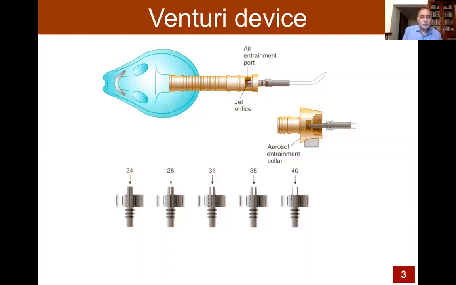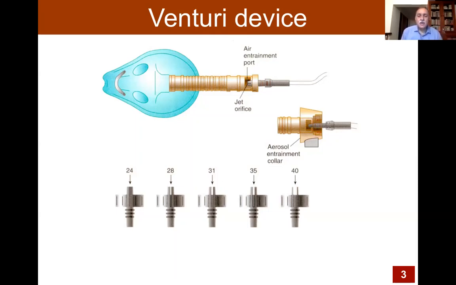At the bottom part of this figure, you find several nozzles that are provided from 24%, 28%, all the way down to 40%. And in the middle diagram and in the top diagram here, you can see a jet orifice and an air entrainment port. So when oxygen flows in through the jet orifice and this air entrainment port is open to different extents, different amounts of air are entrained through this port, and this dilutes the oxygen in such a way that the total flow of oxygen plus the air that is entrained will exceed the peak inspiratory flow rate of the patient.